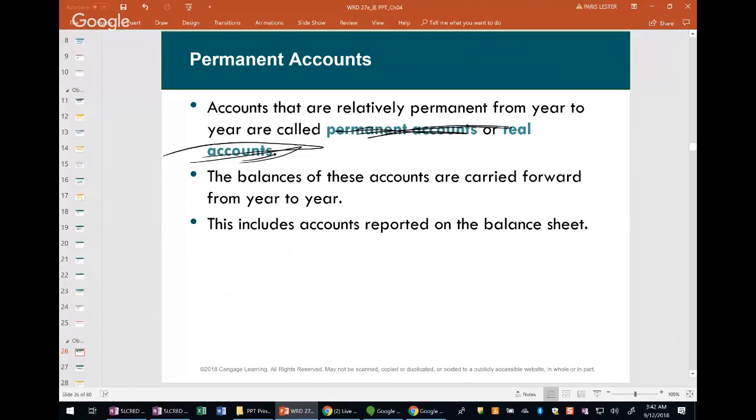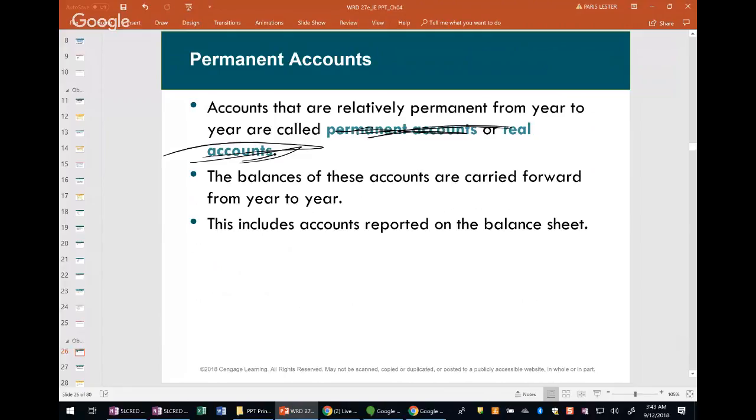Now, if you start off January 1st, 2019, you have zero in net income, zero in your expenses, and zero in drawing. So hopefully you have some assets, cash. You probably have some liabilities, and hopefully you have capital. Otherwise you're bankrupt.